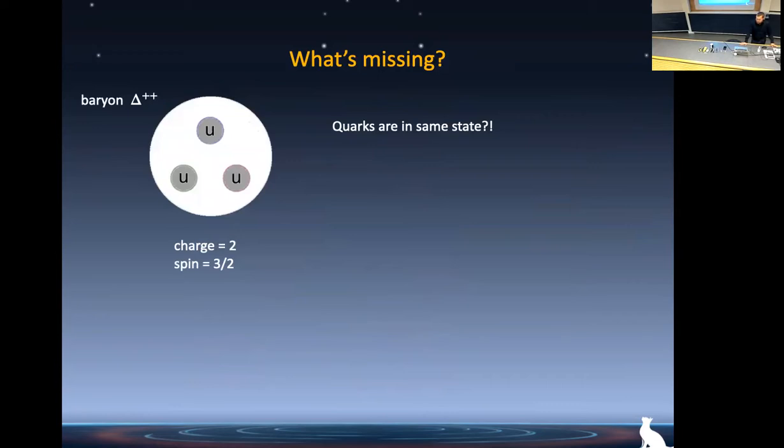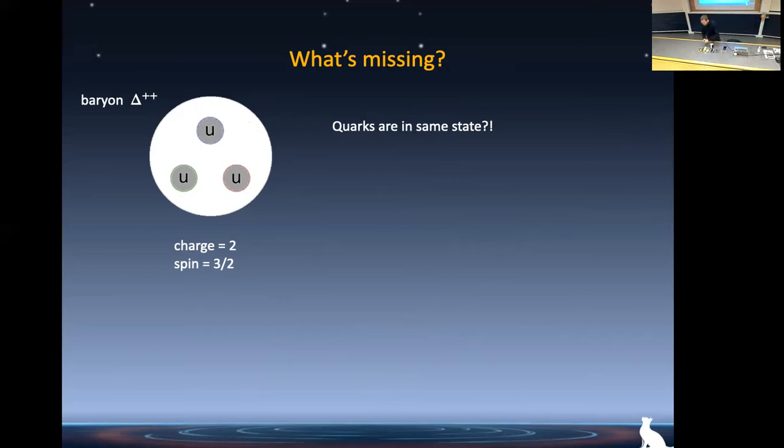Using the connection between spin and the division between bosons and fermions, we can also predict, using symmetry, again, always symmetry arguments, something which would be very difficult to observe otherwise, or to predict. So this is a composite particle.